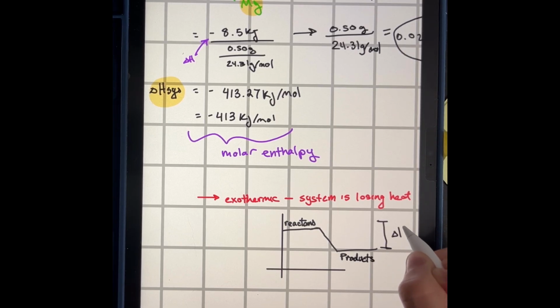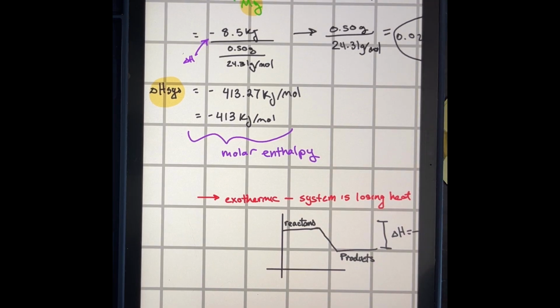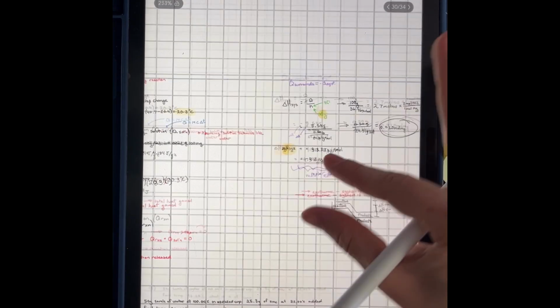And H is negative. So this is an exothermic reaction. Okay. Excellent. So that's kind of that one.